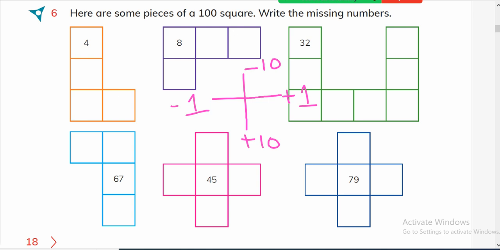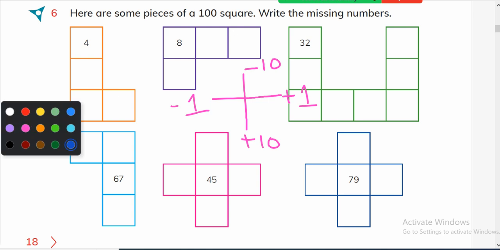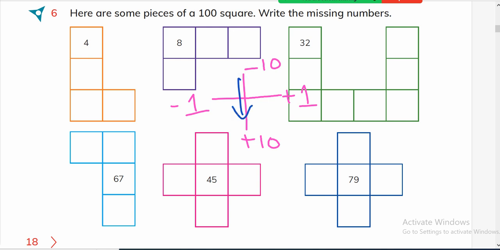When we come downwards, we have to add 10. And on the left side, it is minus 1, and on the right side, it is plus 1. Or we can say that up and down is counting in tens, and left to right is counting in ones.